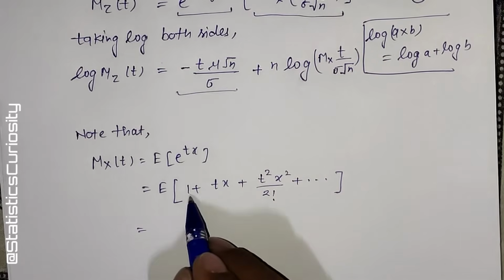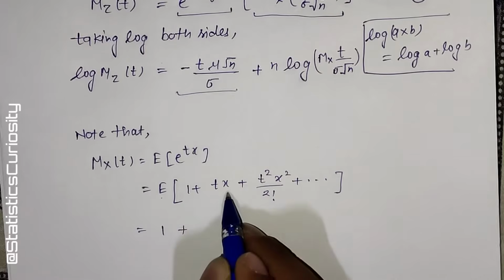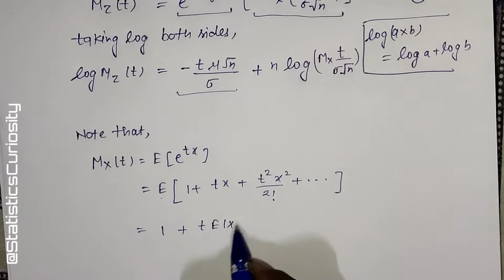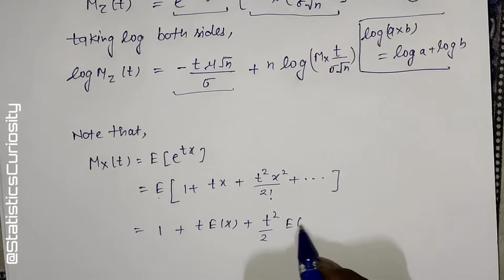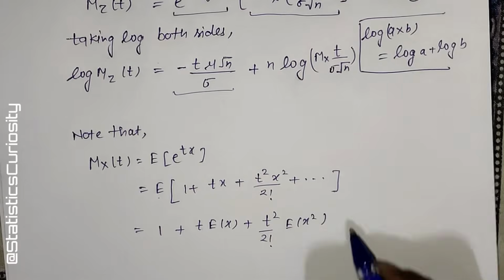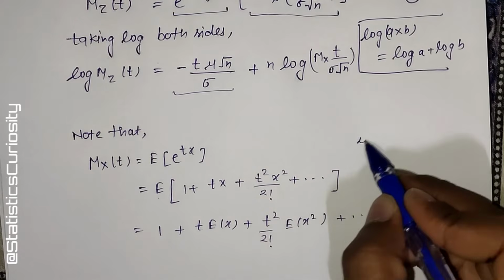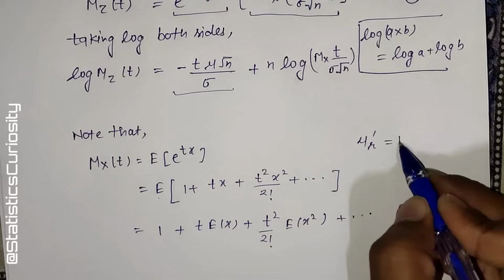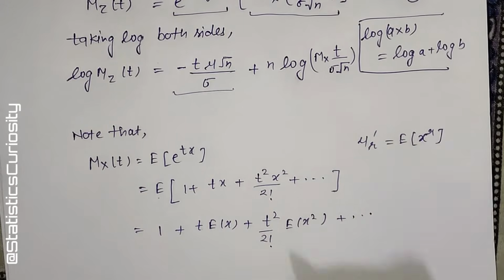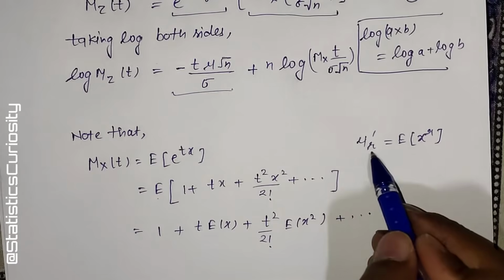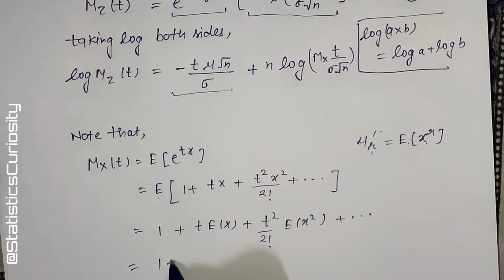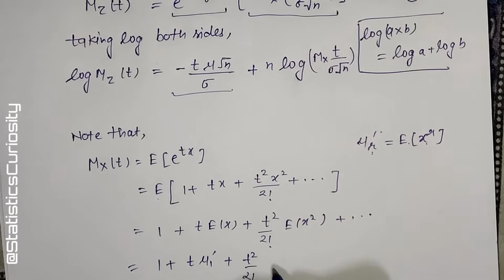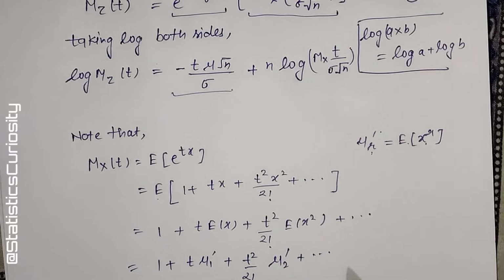The expectation of 1 is 1, the expectation of tx is t times expectation of x, and the next is t square divided by 2 times expectation of x square, and so on. We all know mu r dash, the rth moment about origin, is the expectation of x raised to the power r. So mu 1 dash is expectation x, mu 2 dash is expectation x square and so on. So we can write it as 1 plus t mu 1 dash plus t square divided by 2 factorial mu 2 dash and so on.